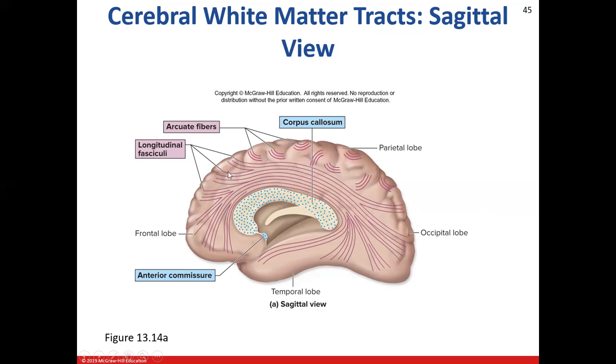You'll notice that we have different fibers that are extending from the frontal lobe up here all the way back to the occipital lobe, and also different areas within the parietal lobe connecting to each other. We also notice that we see not only the corpus callosum, which is this big section, but we also can see the anterior commissure on this graphic.